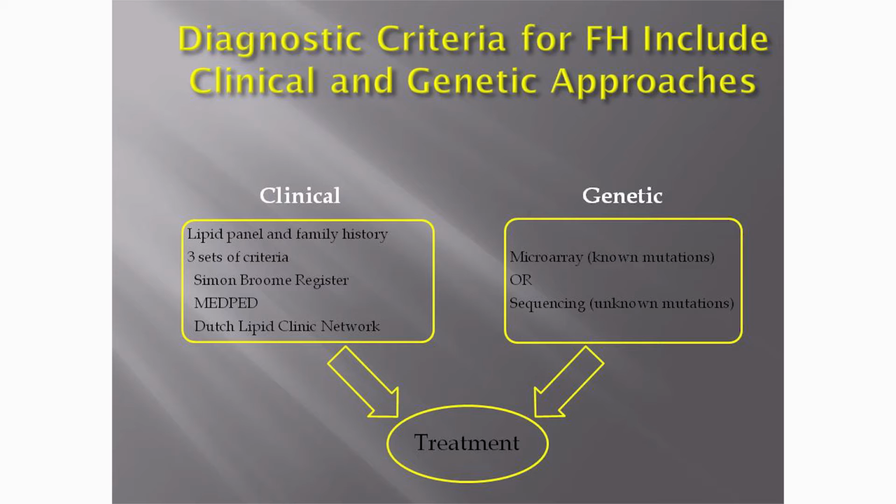And the clinical approach includes obviously a lipid assessment, and we could just do a standard lipid profile on these patients. We don't need to do advanced lipid testing, although advanced lipid testing can be helpful and interesting. And then there are three major criteria that we can use: the Simon-Broom Register, MedPed, and the Dutch Lipid Clinic Network. So let's briefly discuss each of these.